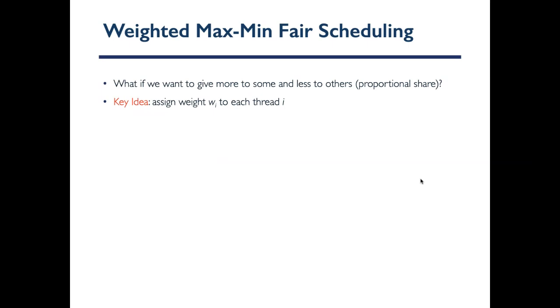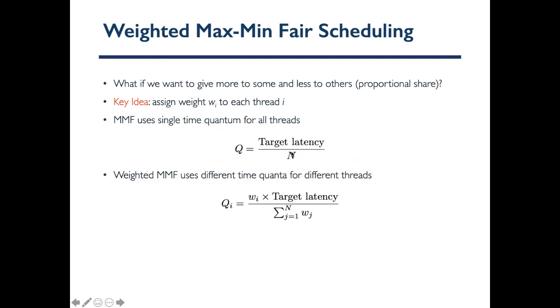You can define weights. So with the vanilla max-min fairness, the time quantum should be the target latency divided by the number of tasks. Now with this weighted max-min, the time quantum becomes task dependent.